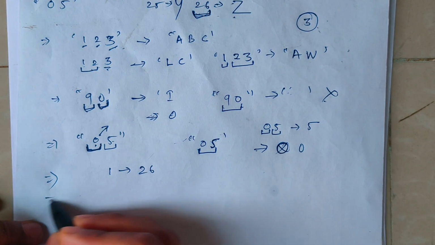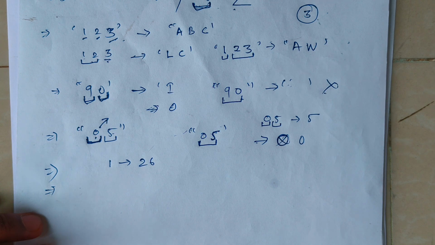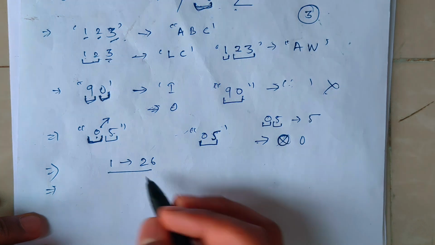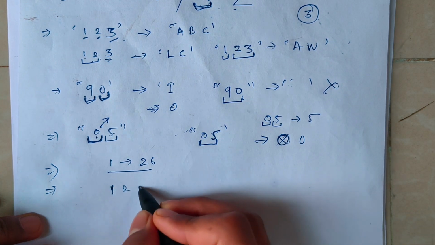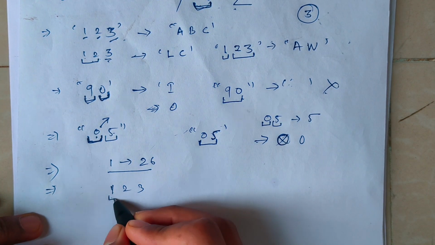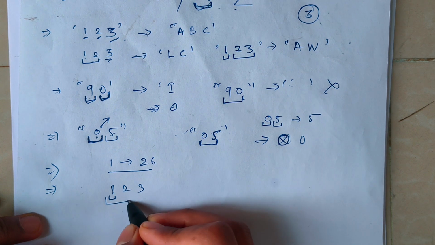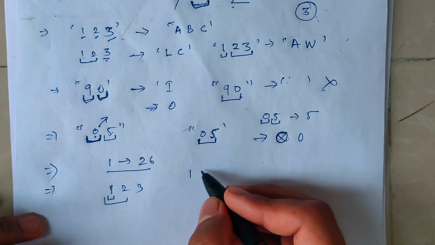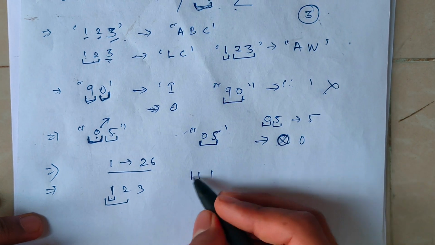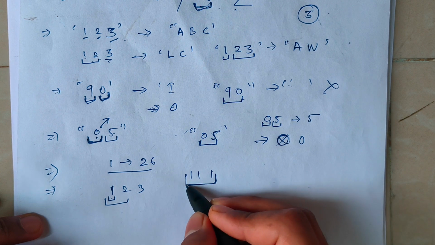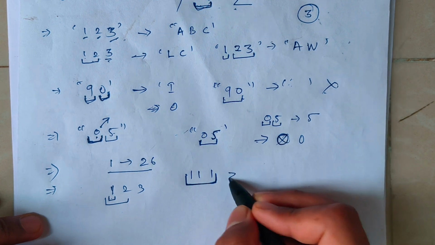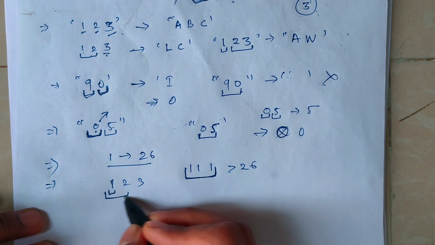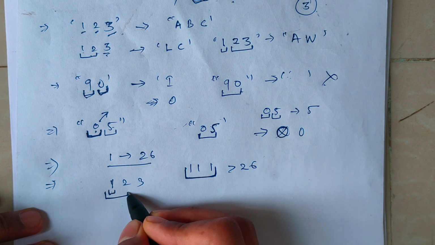So for 123, we can take either one digit at a time or two digits at a time, because if we take three digits, something like 111, the three-digit number would always be greater than 26. So we need to take either 1 digit or 2 digits which is at most 26.